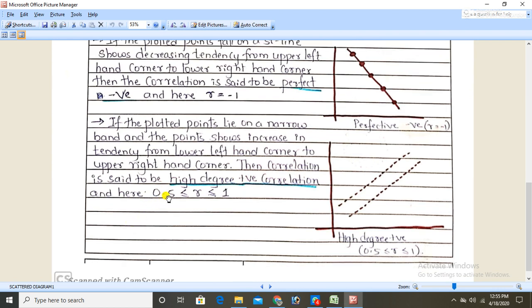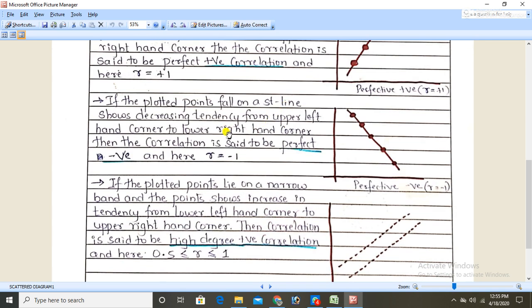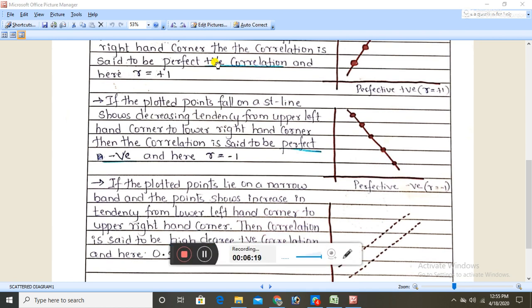Here 0.5 is less than or equal to r, and r is less than or equal to 1.